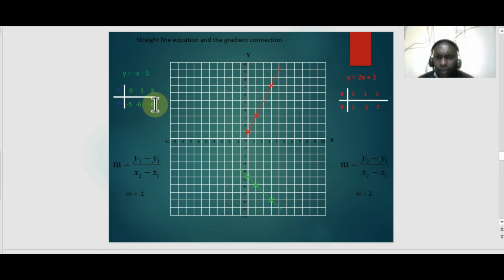Now, for example, I can pick 3 and negative 8, and 1 and negative 6.